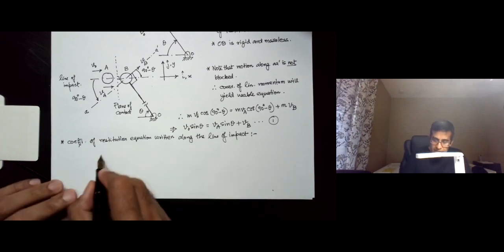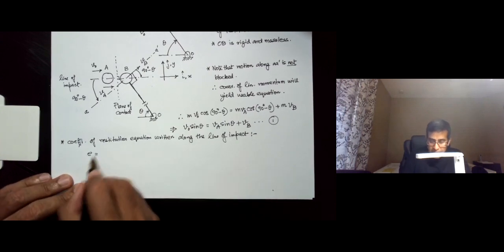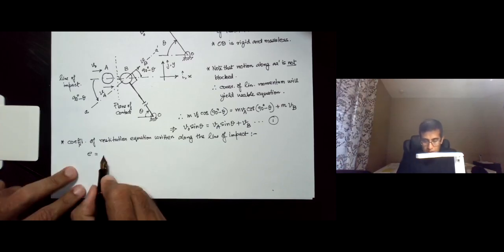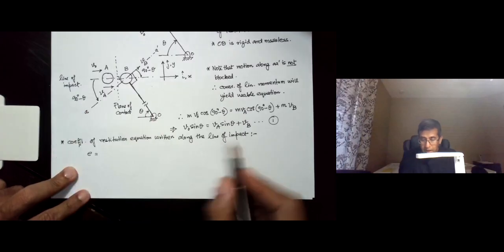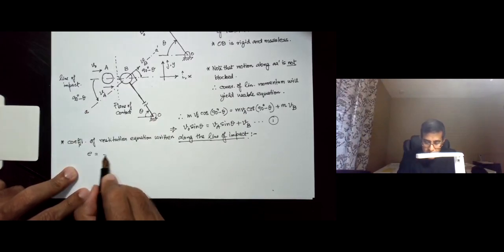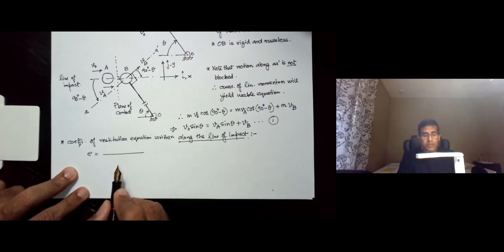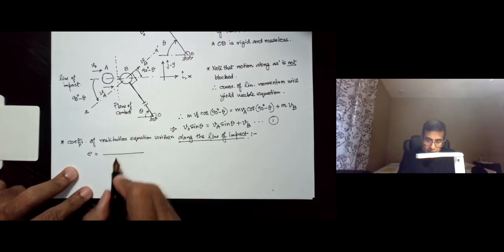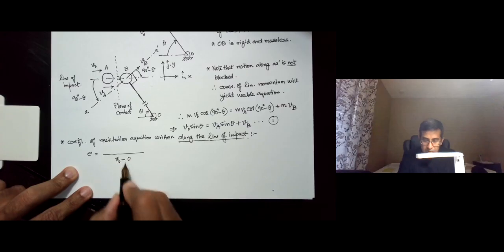And since that's the case, we are going to write e is equal to the relative velocity of departure divided by the relative velocity of approach along the line of impact. So what is the relative velocity of approach? Well, A is approaching B with a velocity of v0 along the line of impact. So it is v0 minus 0.